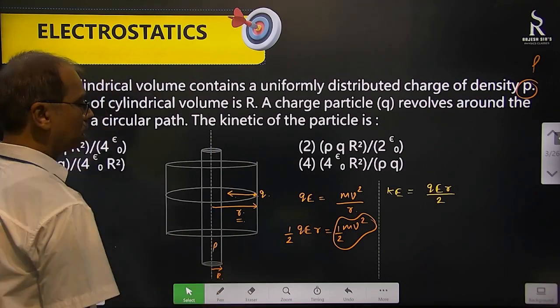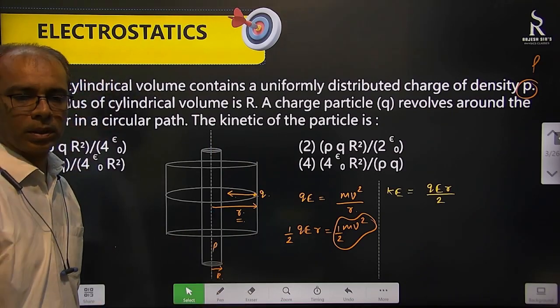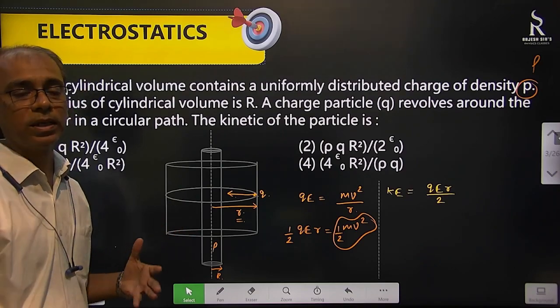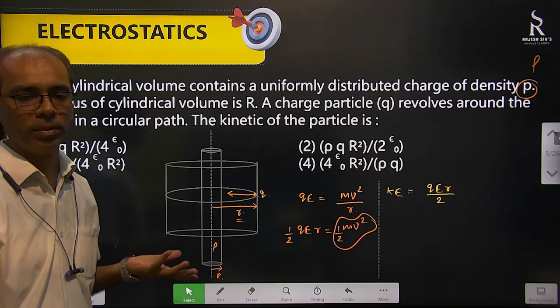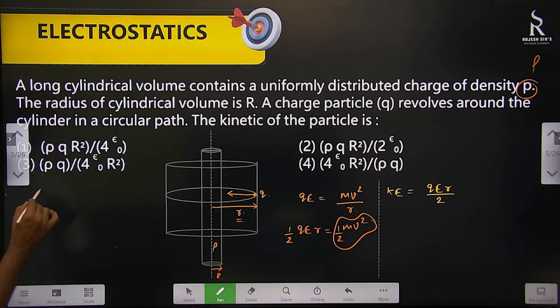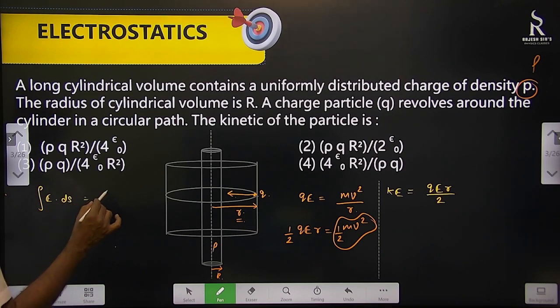Correct. Now, what does our Gauss law say? Gauss law says that the closed integral of E dot dS is equal to Q inside by epsilon naught.